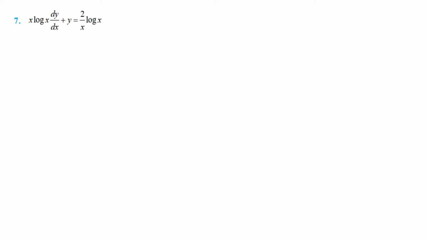Let's take question number 7. Now question number 7 says, clearly you can see that the variables are not separated, nor is a homogeneous system framed here. But firstly you have to make this dy by dx free from the coefficient that is there.